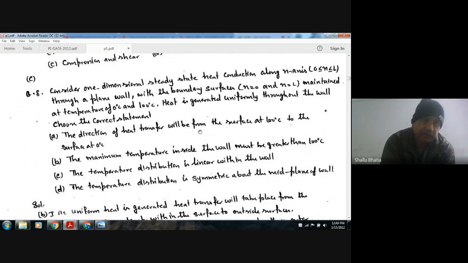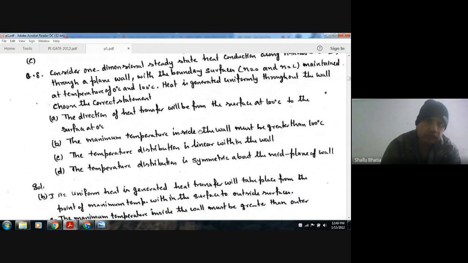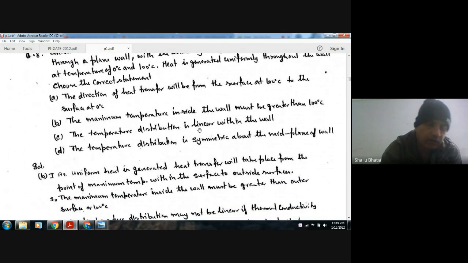Choose the correct statement. Option A: the direction of heat transfer will be from the surface at 100 degrees Celsius to the surface at 0 degrees Celsius. B: the maximum temperature inside the wall must be greater than 100 degrees Celsius. C: the temperature distribution is linear within the wall. D: the temperature distribution is symmetric about the midplane of the wall. So the answer is B. Why?